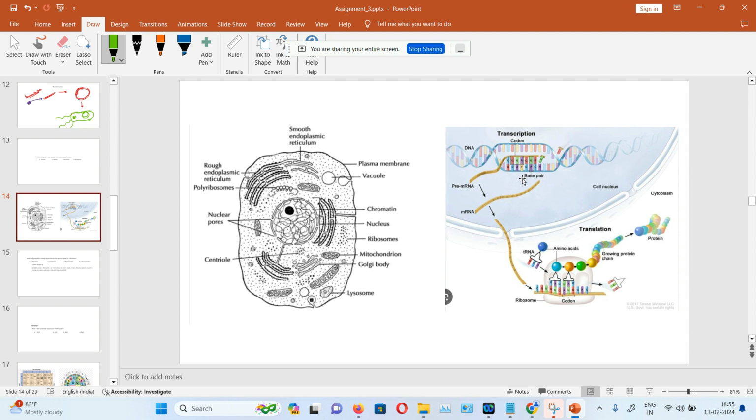Each codon represents the code for a particular amino acid, and by combining all the amino acids, a particular protein is synthesized.